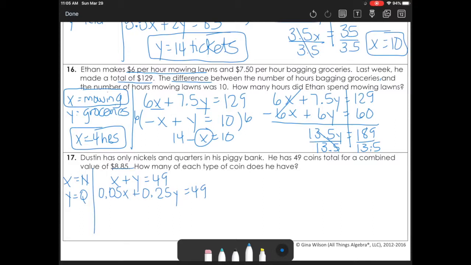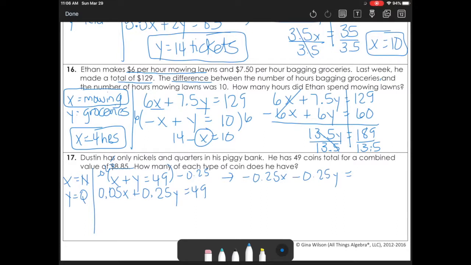I really hate substitution. Let's do elimination. Let's multiply the first equation by negative 0.25. So negative 0.25x minus 0.25y equals 49 times 0.25, negative 12.25.